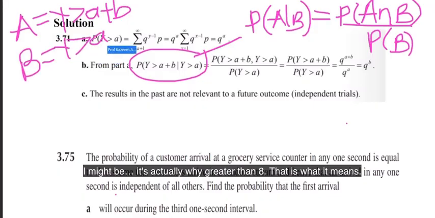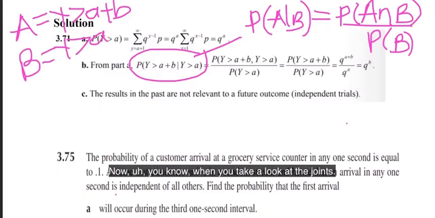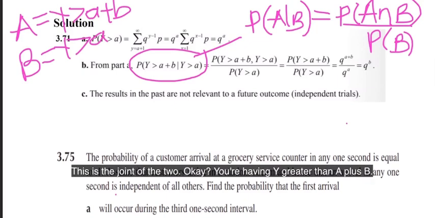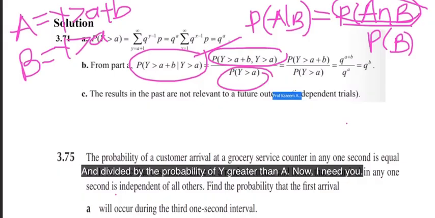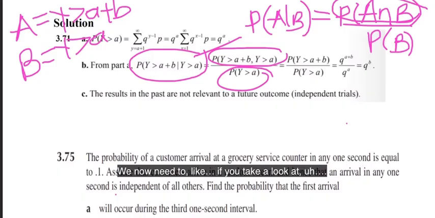That is what it means. Now, when you take a look at the joint of the two, you have y greater than a plus b, you can put a comma, y greater than a, or you put an intersection, and divided by the probability of y greater than a.